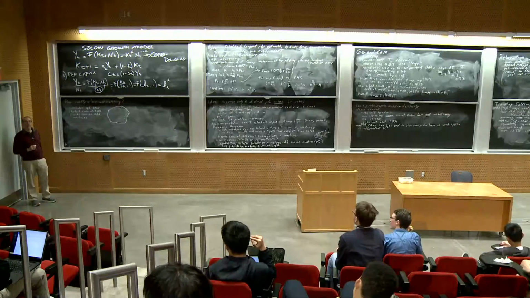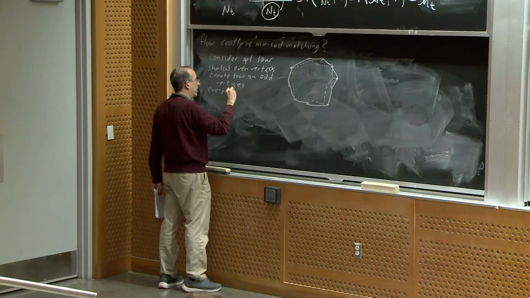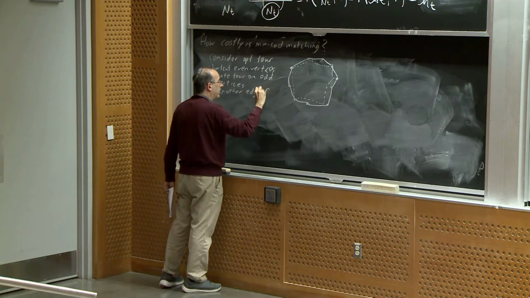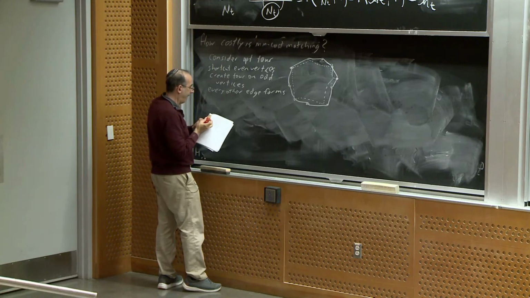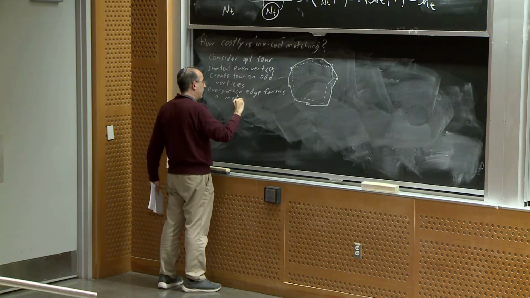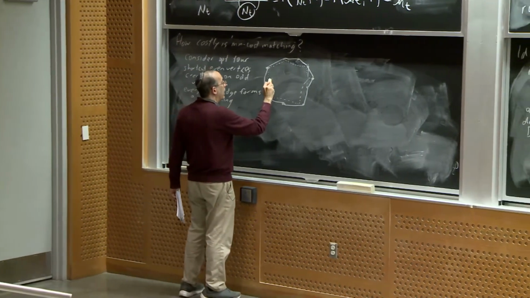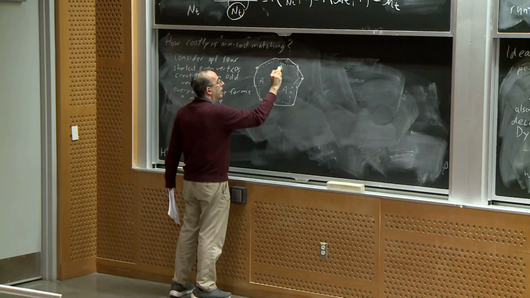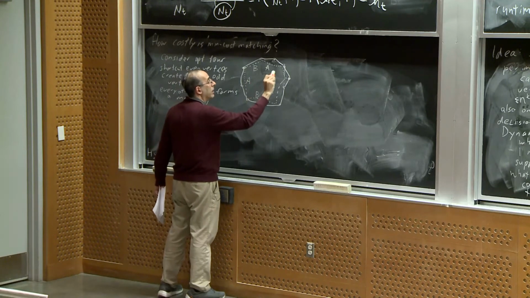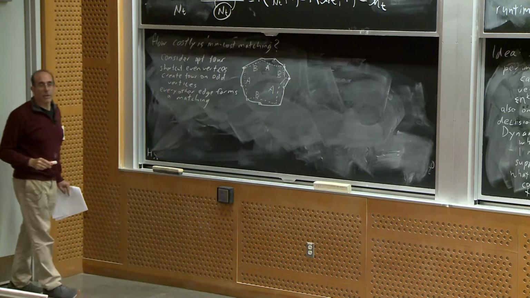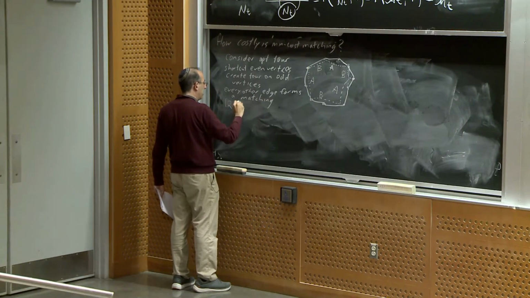Every other edge forms a matching, right? So I can label every other edge, say that's matching A. Instead, I could take the other edges. That gives me another matching B. Right? So in fact, we have 2 disjoint matchings from the tour.